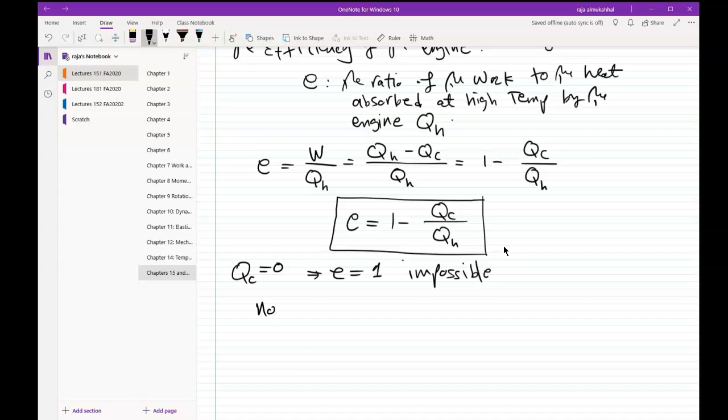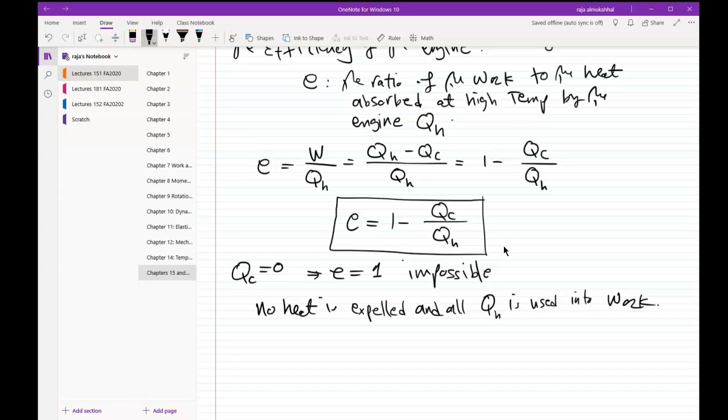So we say that no heat is expelled at all, and all of QH is used into work.